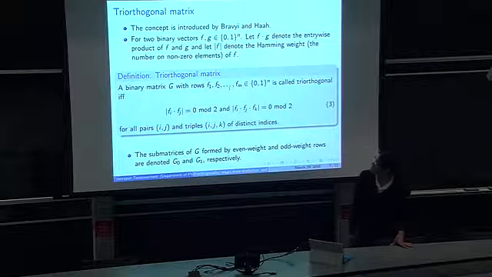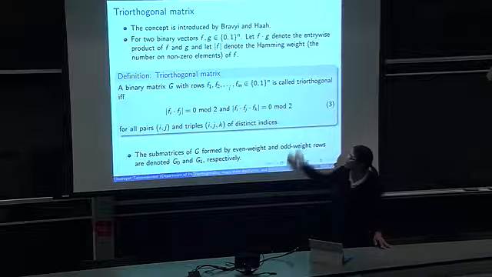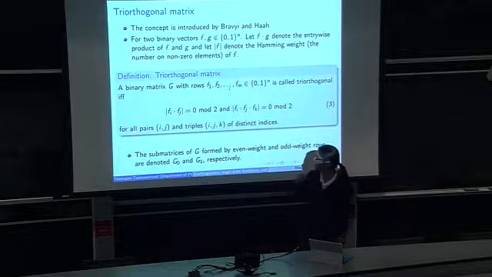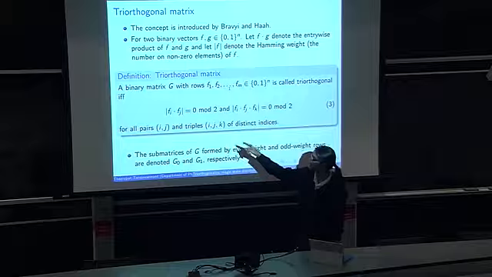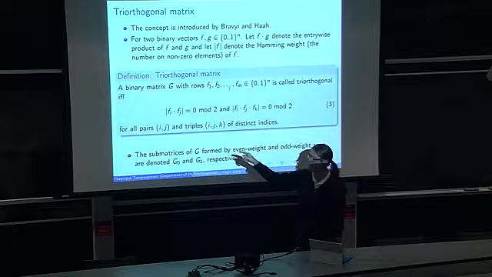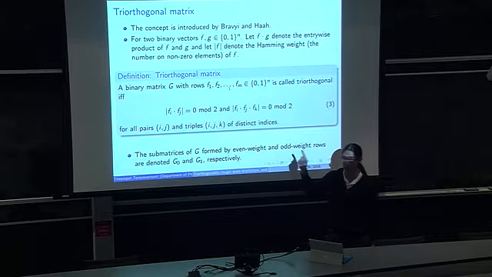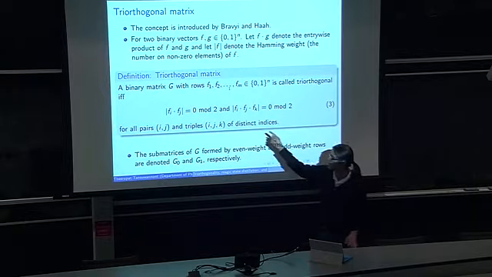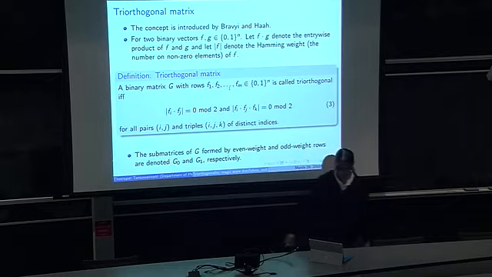For the matrix G to be triorthogonal, let f1, f2, up to fm be the rows of matrix G. The Hamming weight of fi dot fj is equal to 0 for any pair i, j, and the Hamming weight of fi dot fj dot fk is equal to 0 for any triple i, j, k.